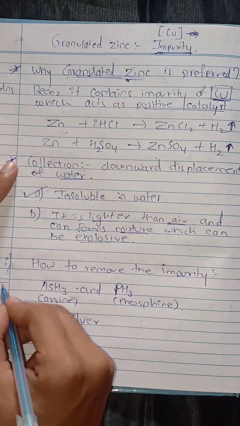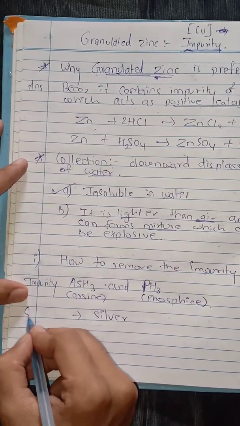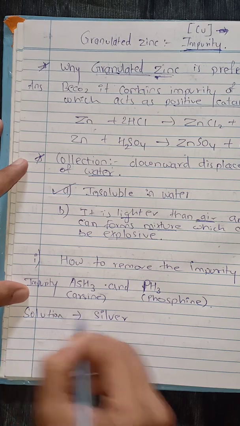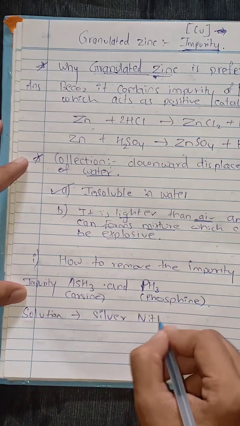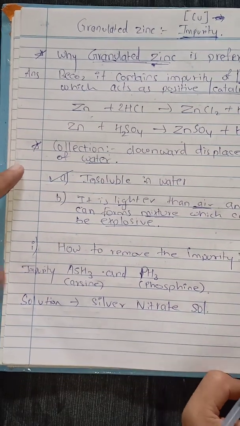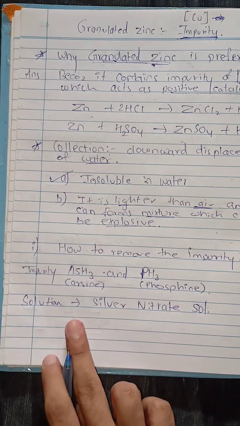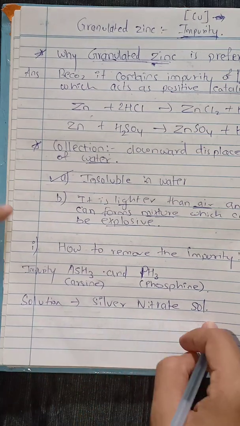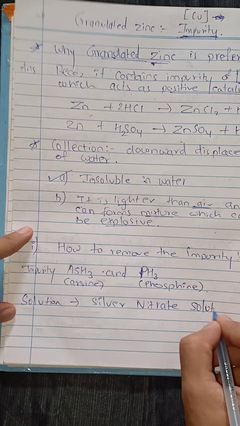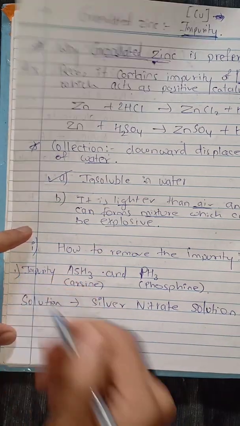Okay, these are the impurities, and the solution to remove them is silver nitrate solution. If I have to remove this arsine and phosphine impurity, I should take up the solution which is called silver nitrate solution. Okay, then this was the first one.